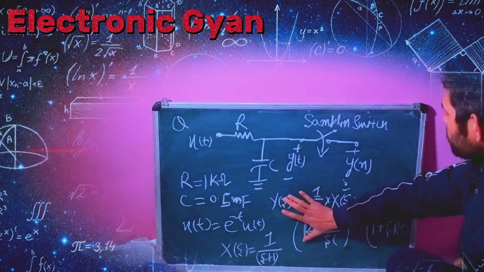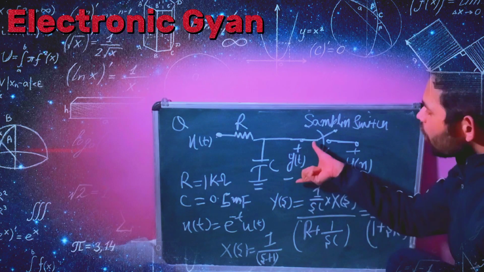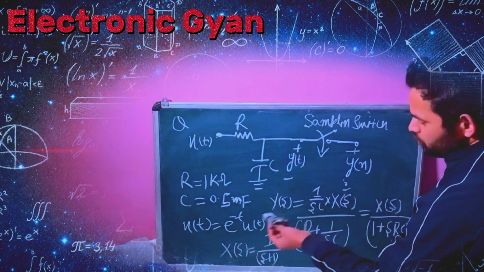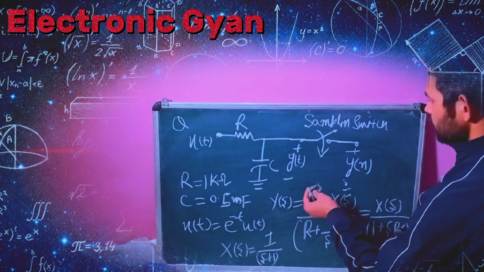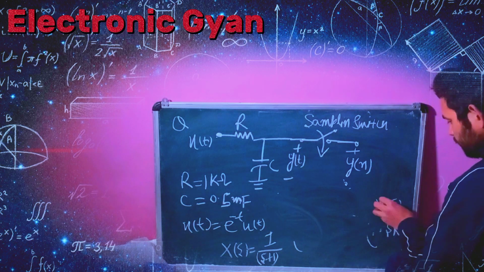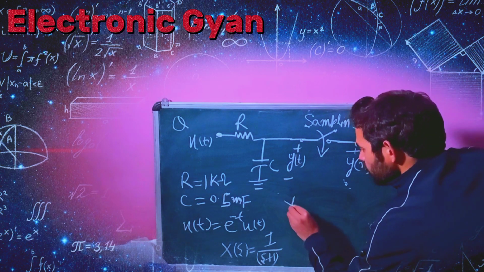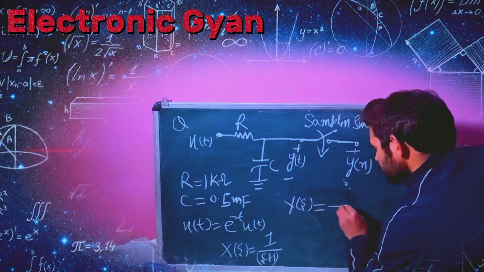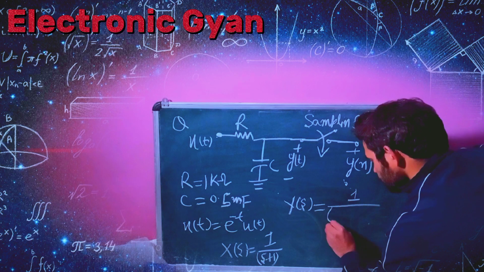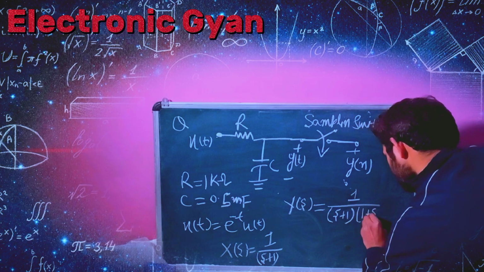Now by putting this X of S here, we get Y of S, that is y of t in the S domain, equal to 1 by S plus 1 divided by 1 plus SRC.